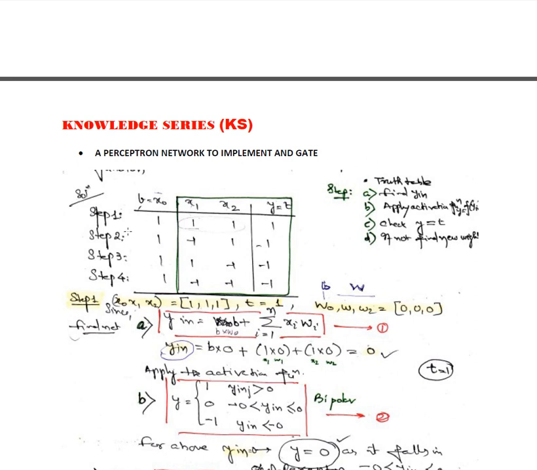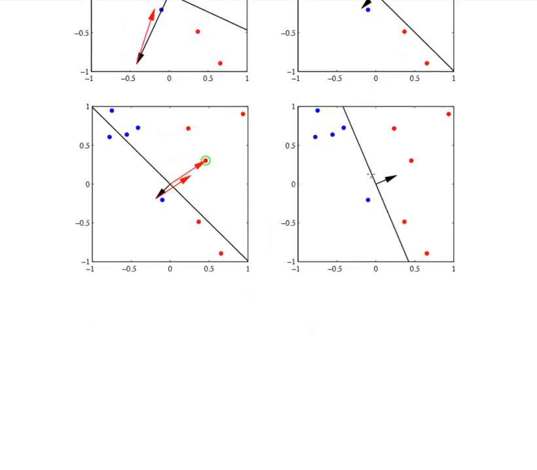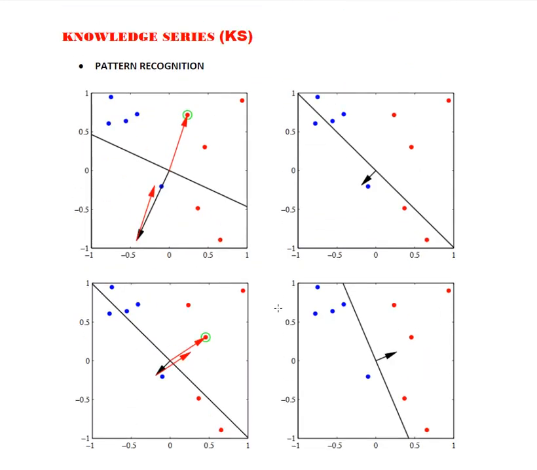To solve this problem you have to follow some steps. First, draw the truth table, then find y in, apply the activation function for the given y in, and then you get y. That y you check with the target. If it is achieved, then you stop. If it is not achieved, you continue and adjust the weight till you get the correct decision line, just like I have shown in the pattern recognition.